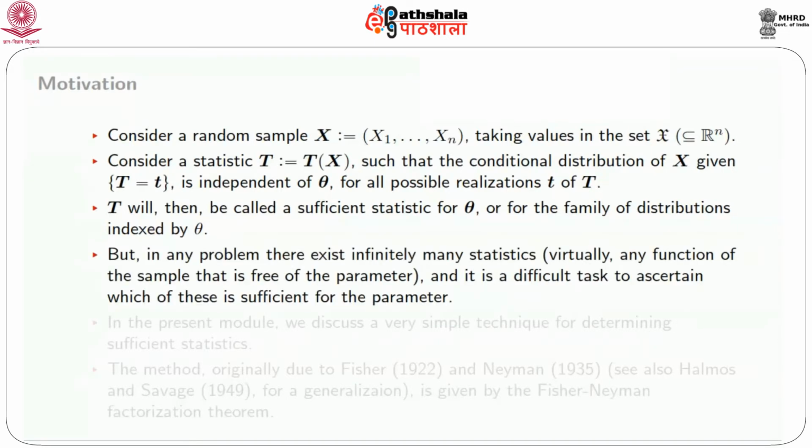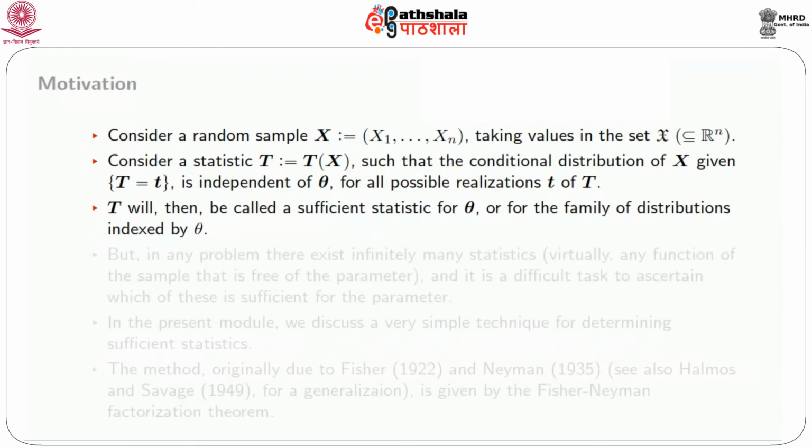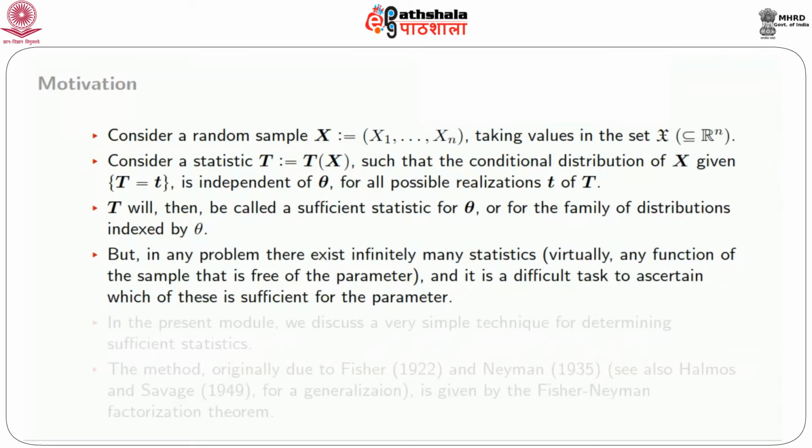But in any problem there exist infinitely many statistics, virtually any function of the sample that is free of the parameter, and it is a difficult task to ascertain which of these is sufficient for the parameter.